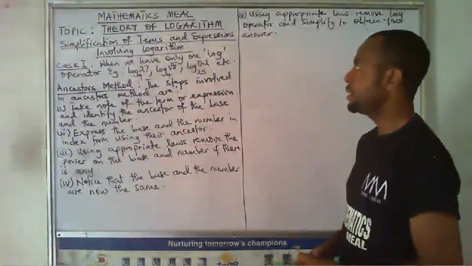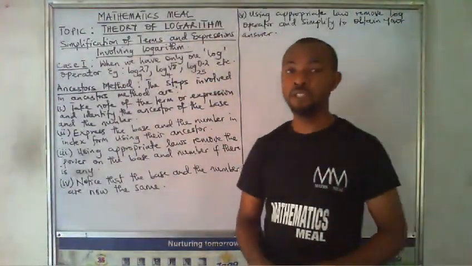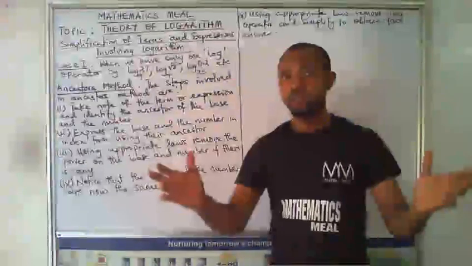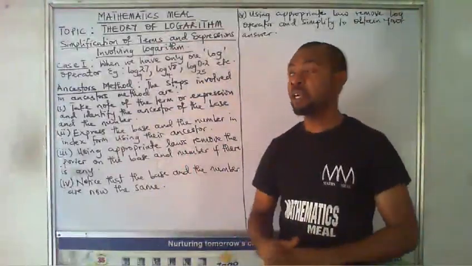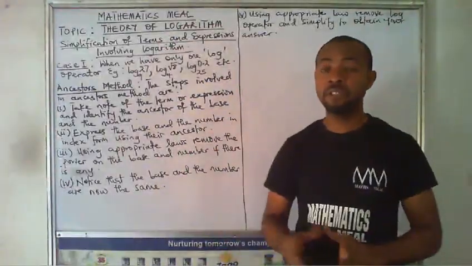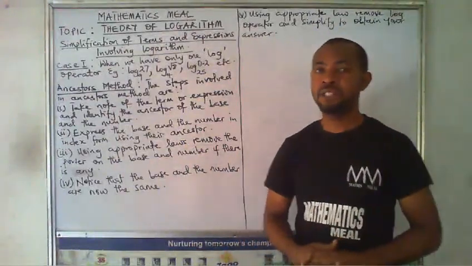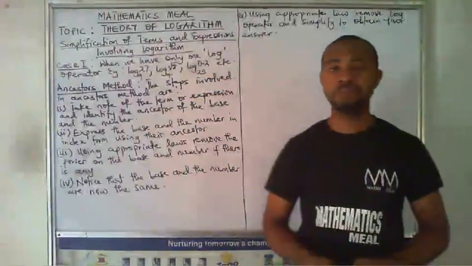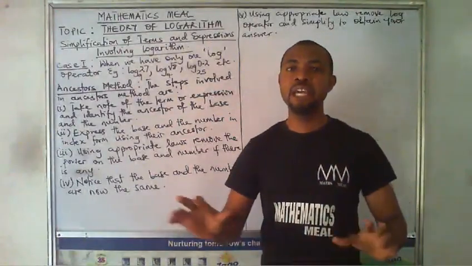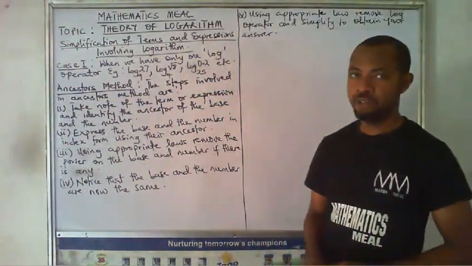Today on Mathematics Meal, we are still looking at theory of logarithm. We wrote out 5 objectives about theory of logarithm, and so far we have looked at the meaning of logarithm, we have looked at the laws, and now we are on simplification of terms and expressions involving logarithm.